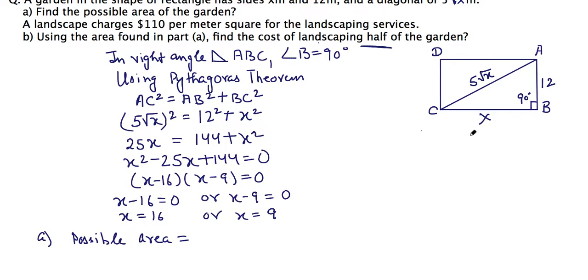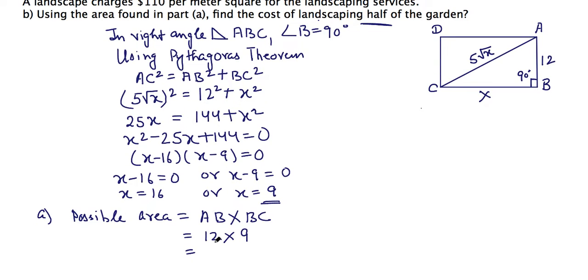The possible area is length times breadth, right? So it is AB times BC. AB is fixed, it is 12, and for BC, if we take x is equal to 9, it will be 12 times 9, which gives you 108.